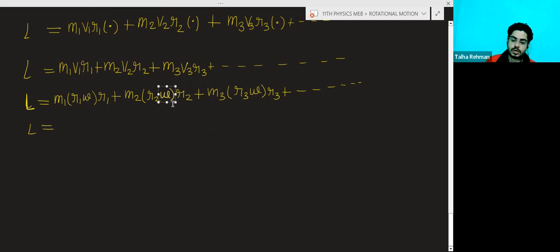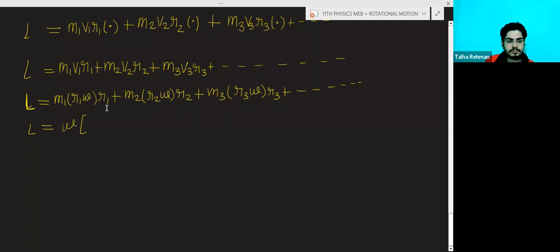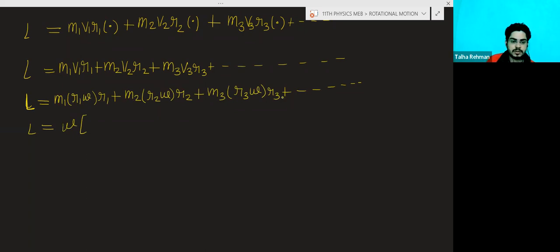Omega is common, and finally here will be m1 into r1 square plus m2 into r2 square plus m3 into r3 square plus and so on. And so angular momentum L is equal to, this is omega.